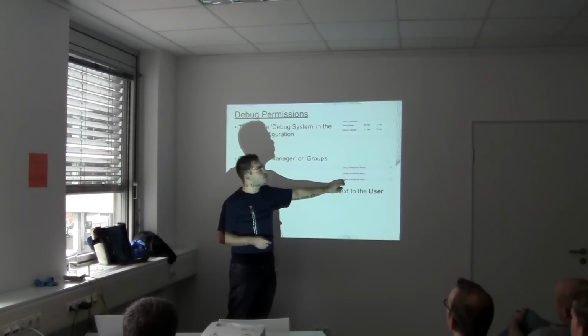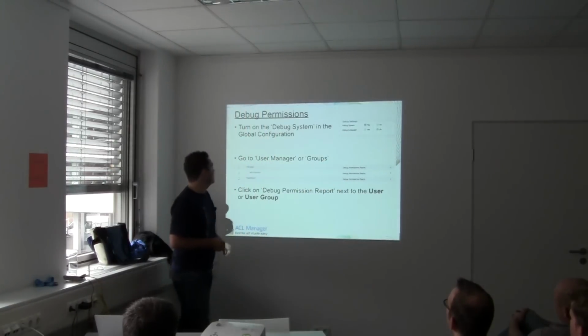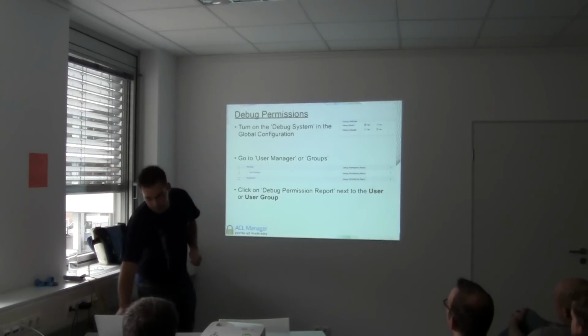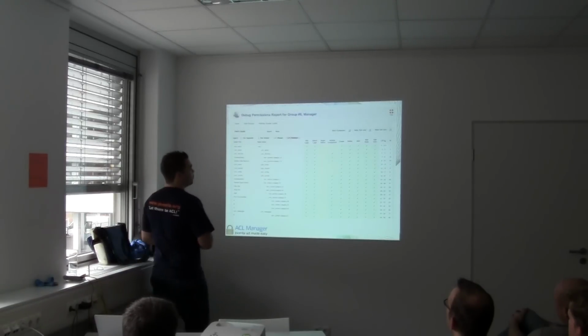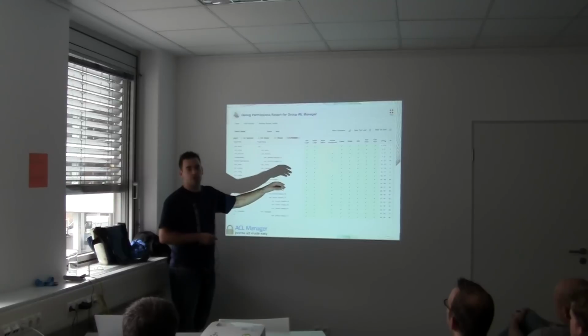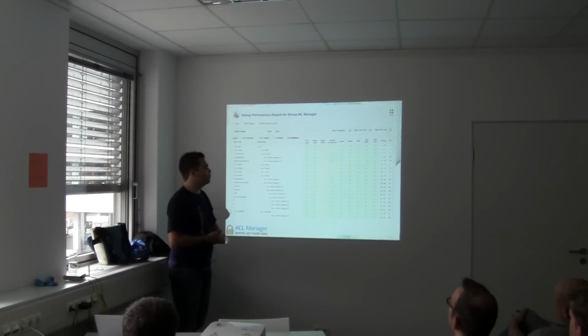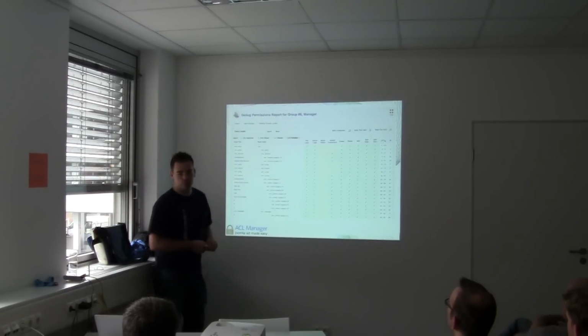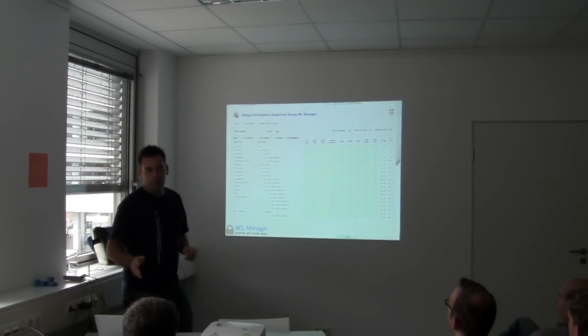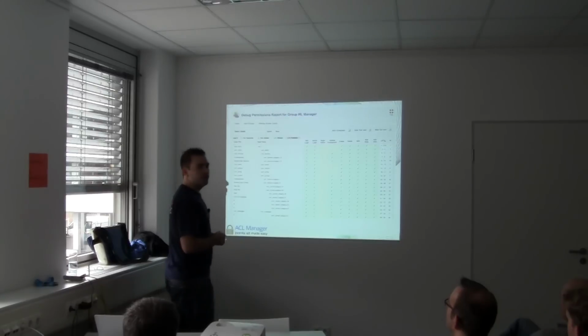That's only visible when you turn on debug mode. When you click on that button, you will get an overview of all actions as well. So it's a kind of like ACL Manager, but in this case you can't click and change it. So it can be a useful overview as well to see what this user group, or the user, is able to do. But I don't know, who ever turned on the debug mode?